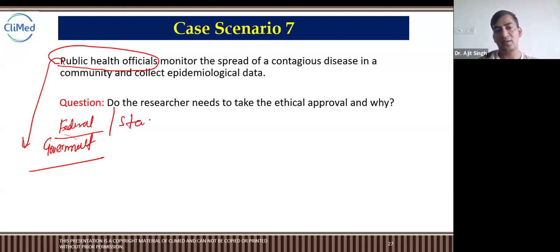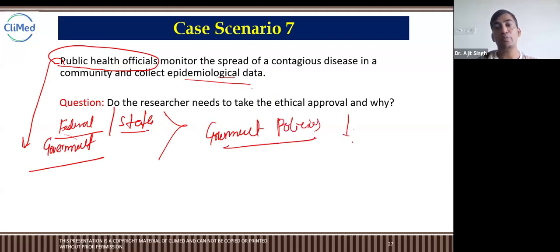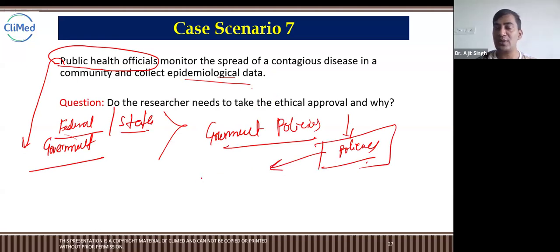or state government, right? And whether they are collecting the data or they are intervening, they are doing it under the government policies. Maybe to make new policies or to change the policies. These policies are being developed for the well-being of the general population.